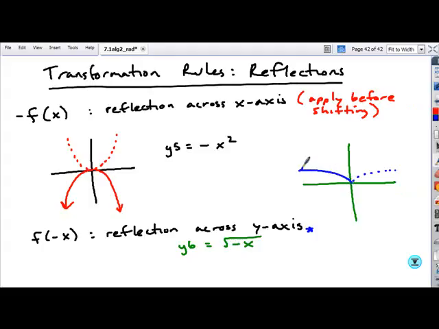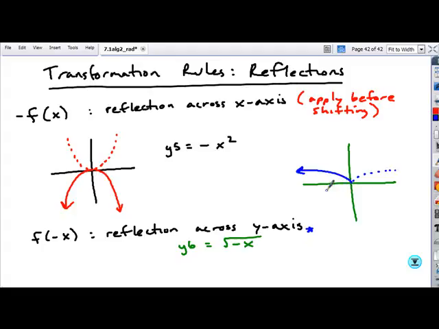So the actual graph itself would now look like this. So notice how these affect the domain and range when you have these reflections. Here it doesn't affect the domain, but the range gets inverted completely. Here, it doesn't affect the range, but the domain gets inverted completely.